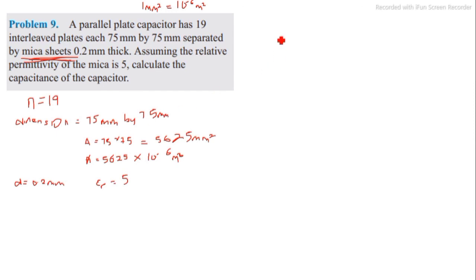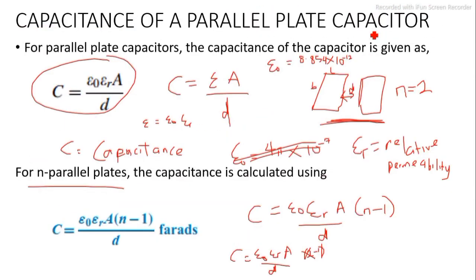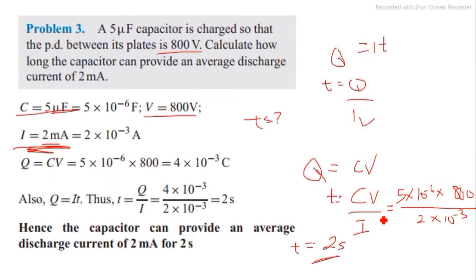So to calculate the capacitance of the capacitor, we know that C equals epsilon naught epsilon r area over distance. But in this case we have n plates, so we are going to use n minus 1 for n number of plates.